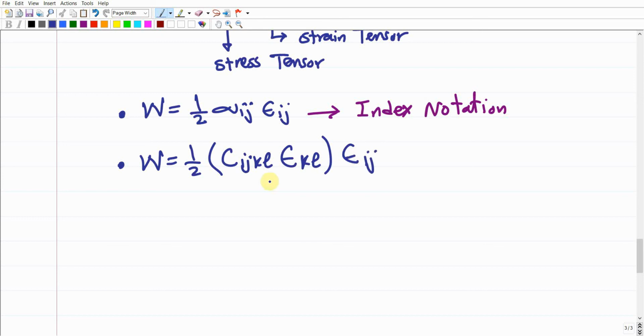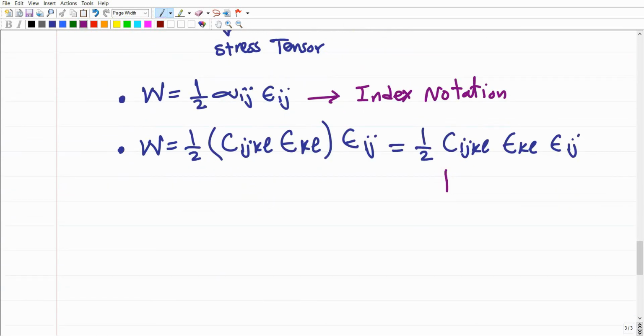We do have another form for this in case we are working with an isotropic linear elasticity problem, but let us consider the general form for now. So this definitely is going to give us 1 over 2 times Cijkl epsilon kl times epsilon ij. So this is an equivalent form of the strain energy density function, also in the index notation.